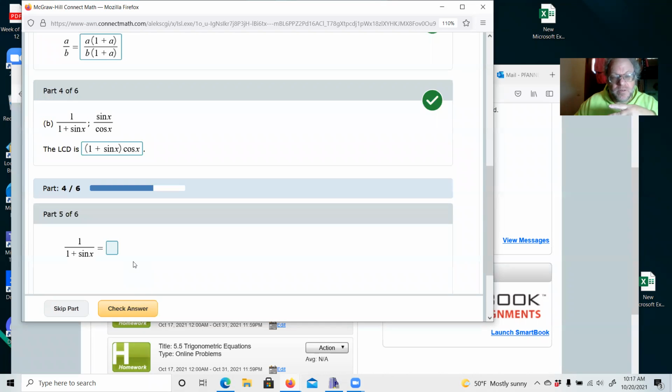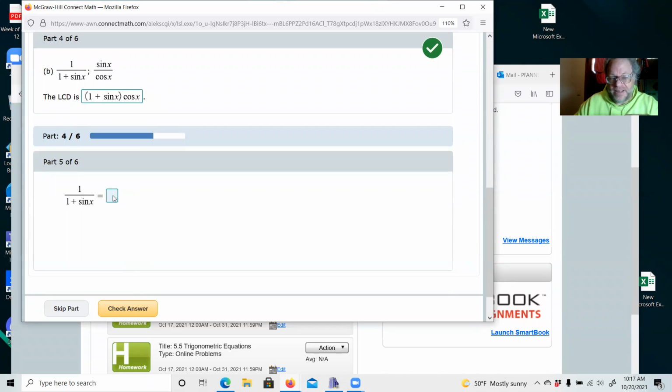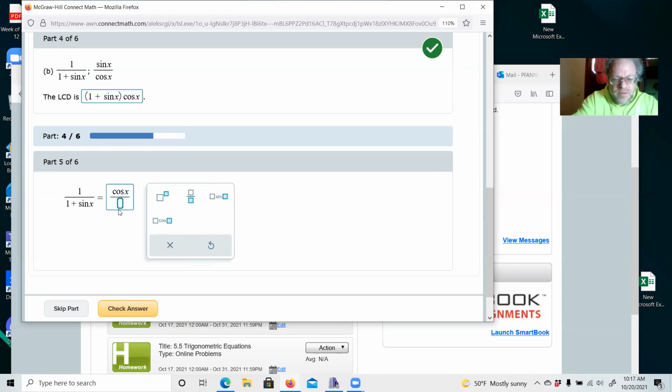We're just trying to mimic what we just did with the A's and B's. So 1 over sine x is equal to the fraction cosine x over parentheses. You'll notice they don't put the parentheses in here; you've got to type that in on your keyboard.